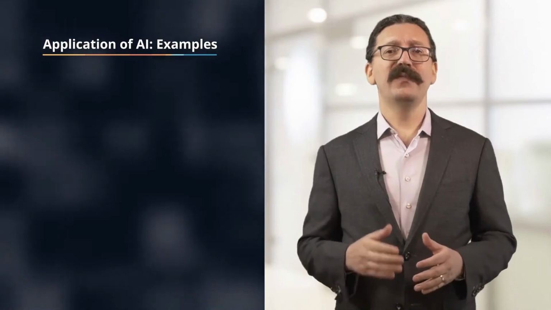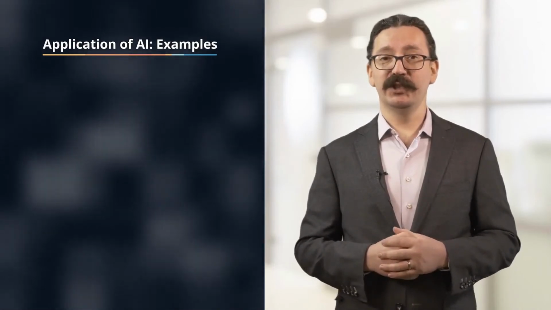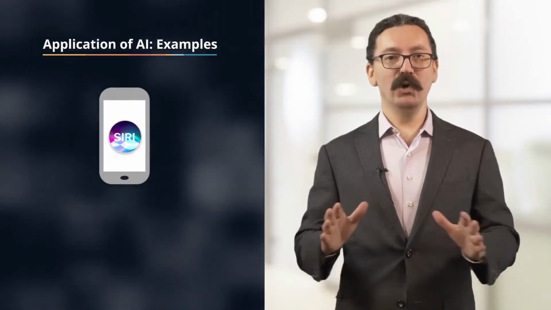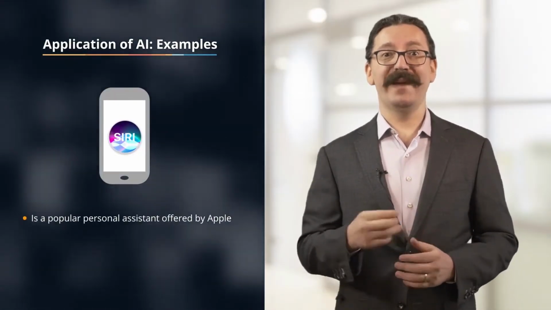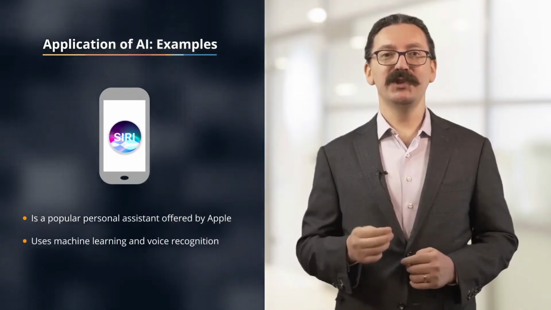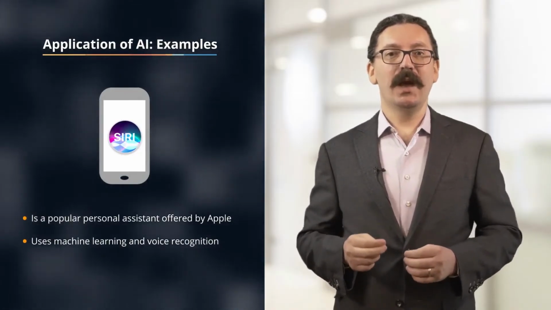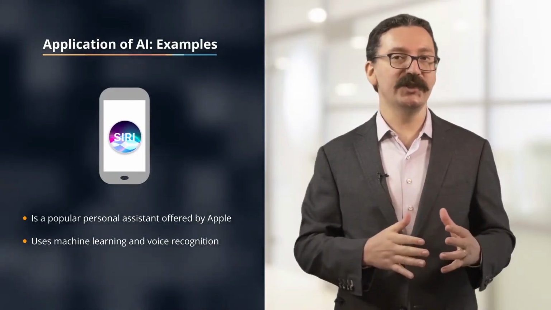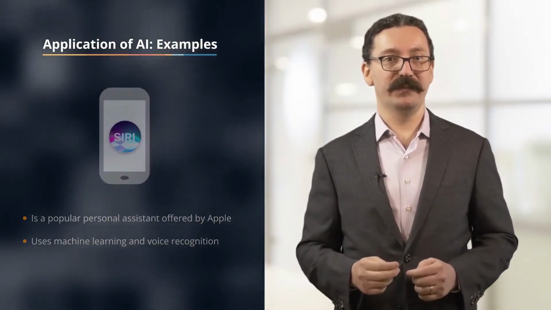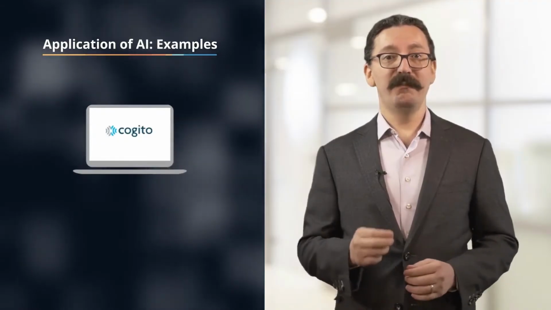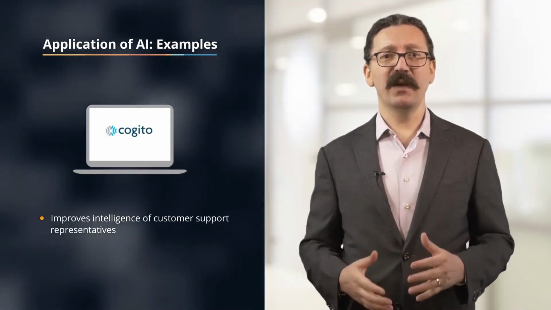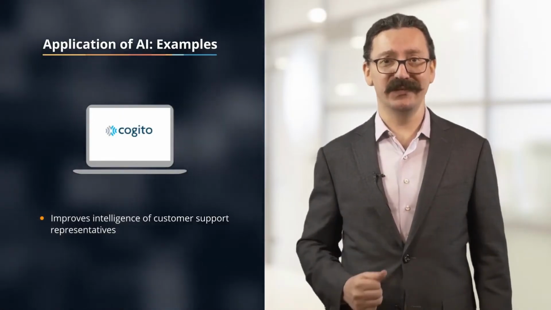Now, we'll consider a few examples for these applications of AI. Siri, one of the most popular personal assistants offered by Apple. It uses machine learning and technology to become smarter and capable to understand natural language questions and requests. Cogito, one of the best examples of its behavioral version, improves the intelligence of customer support representatives.